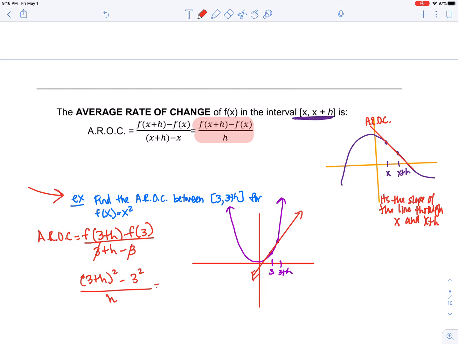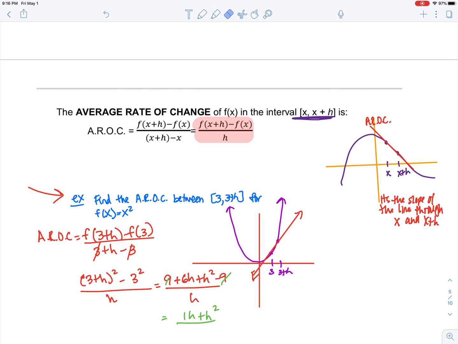So when I simplify and FOIL this whole thing out, I'm going to get 9 plus 6h plus h squared minus 9 all over h. So canceling out terms, my 9's cancel out, and I'm going to get 6h plus h squared all over h.